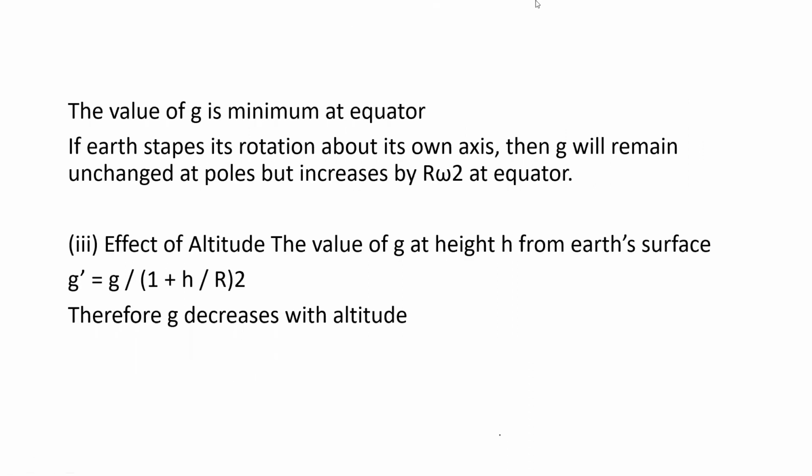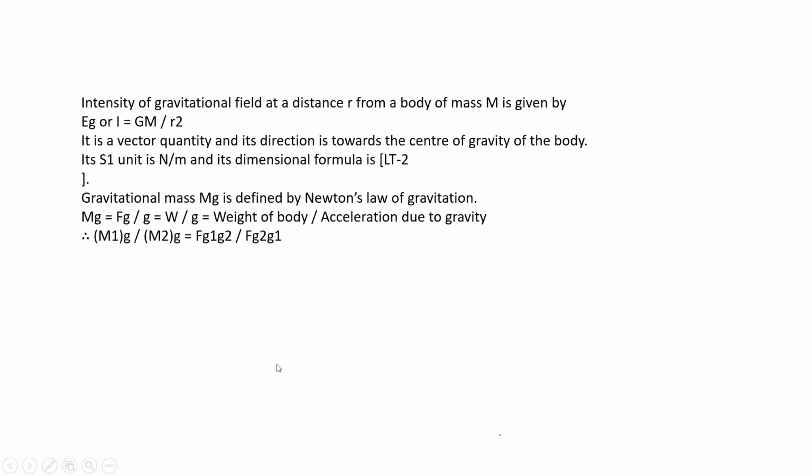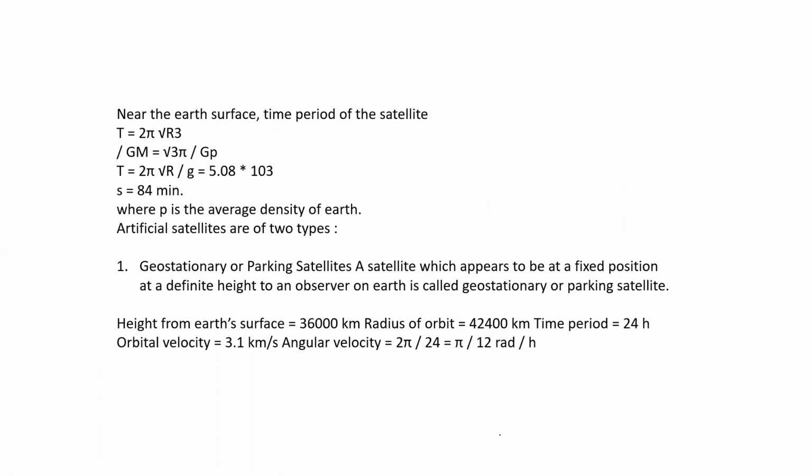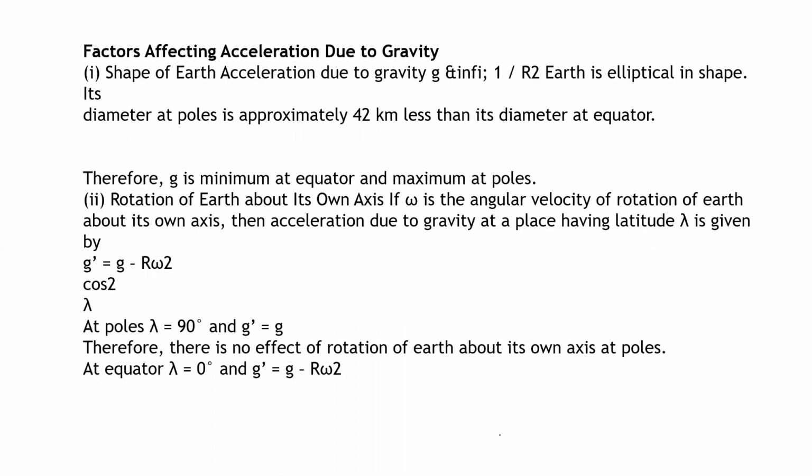Then the next slide is, due to the rotation of the earth, the equation is G dash is equal to G minus R omega square cos square lambda.